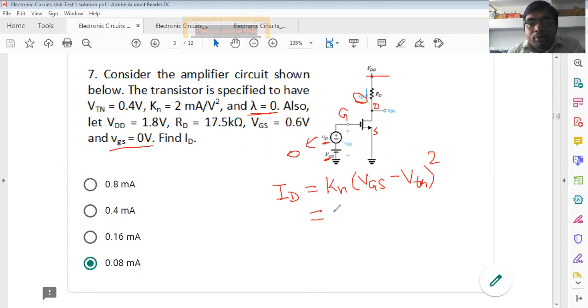Just put the values in the formula: Kn is 2 milliampere per volt square, VGS is 0.6 volt, and VTH is 0.4 volt. We take the difference, which is 0.2, whole square, into 2.